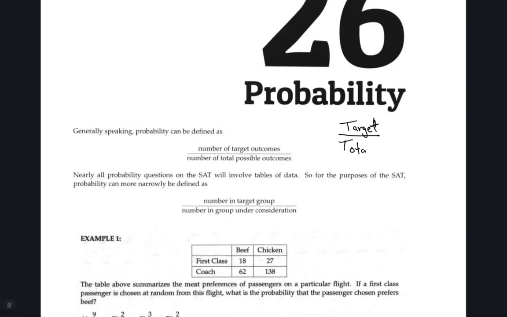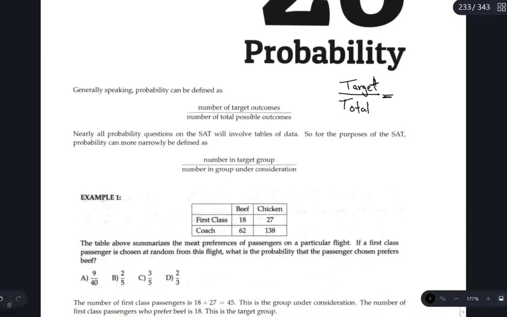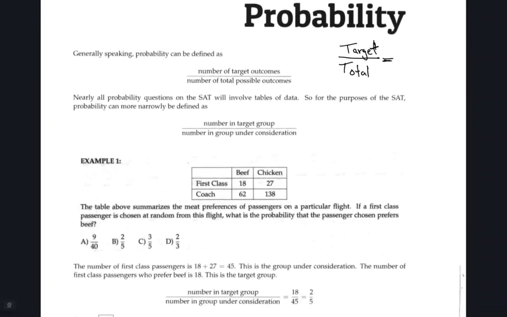So target out of total is going to be the probability. Okay, so this is almost everything about the probability that you're going to be asked.